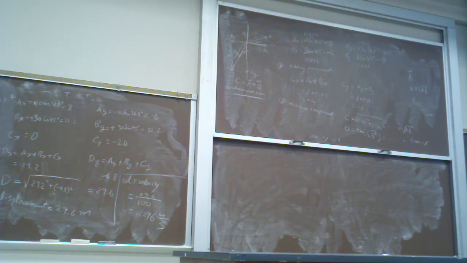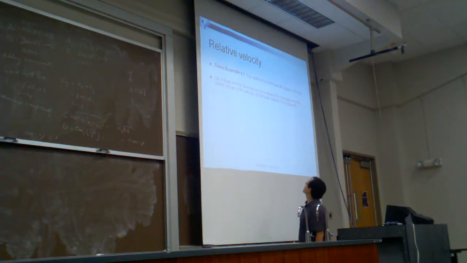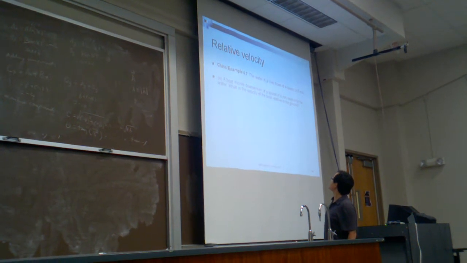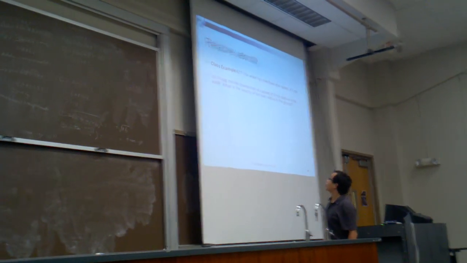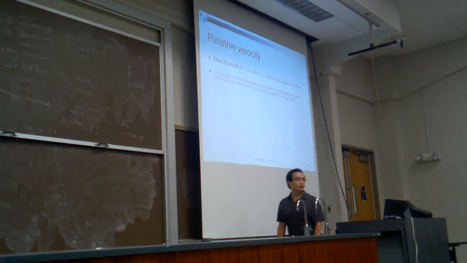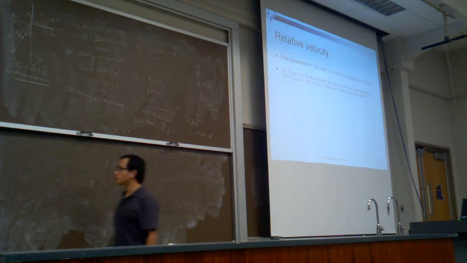First, the water in the river flows at a speed of 6 meters per second. A boat moves downstream at a speed of 8 meters per second relative to the water. What is the velocity of the boat relative to the ground? This is in fact quite a simple question.